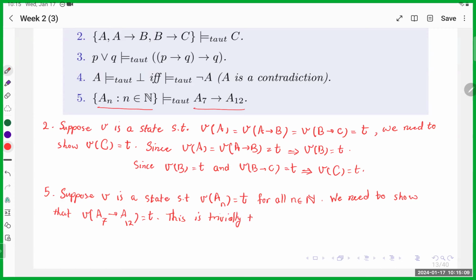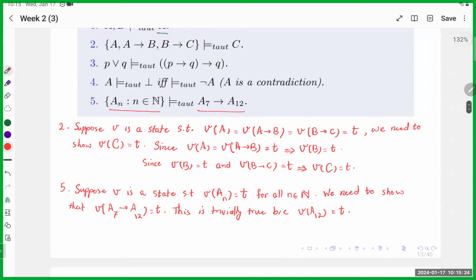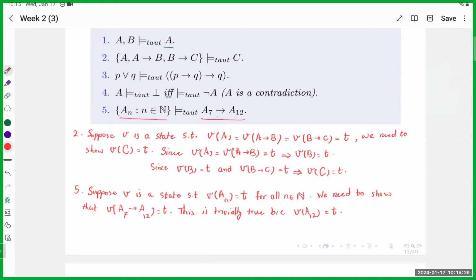Trivially true because V of A12 is true. So as you can see, most of them are all very easy. You just need to be able to write the definitions properly.